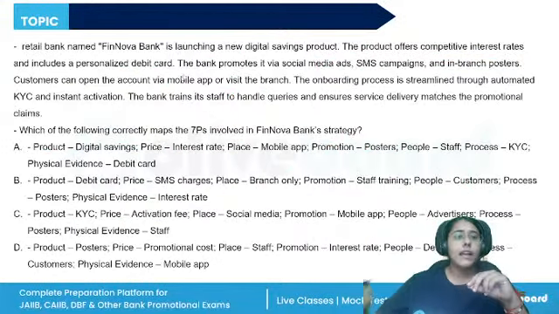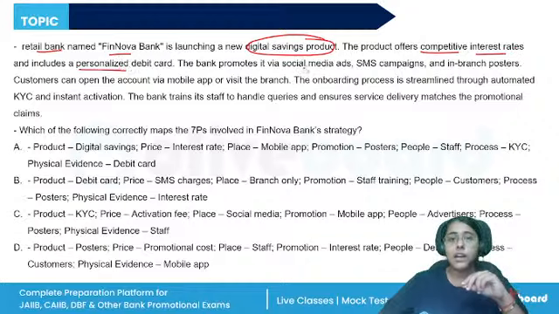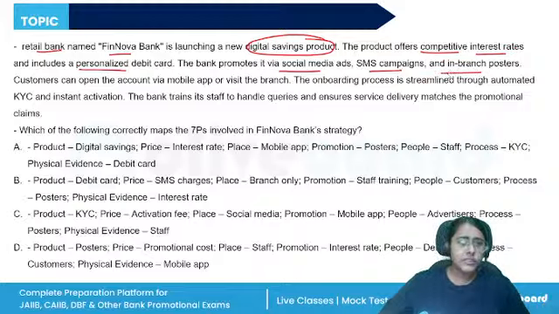All right. Again, another case study is given. A retail bank named Nova Bank is launching a new digital savings product. The product offers competitive interest rates, includes a personalized debit card, and promotes it. The bank is promoting the product via social media ads, SMS campaigns, in branch posters.